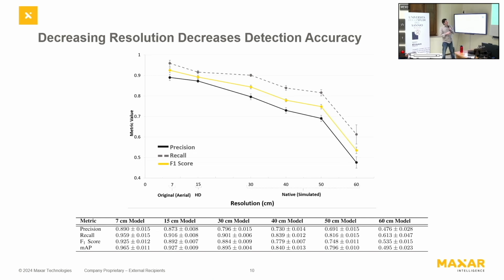So it's not as high as a native 7 centimeter, but it's better than 30. So there is some merit. Actually, there's a lot of merit in what she was talking about on the first day. Obviously, if you're doing super resolution or something like HD for building detection or glacier detection, probably you don't need that. Again, every application has the right data.